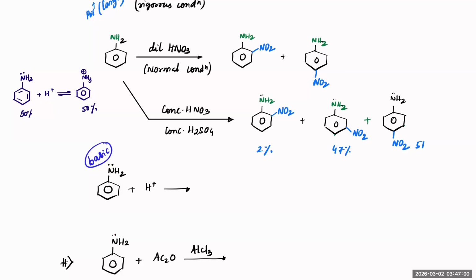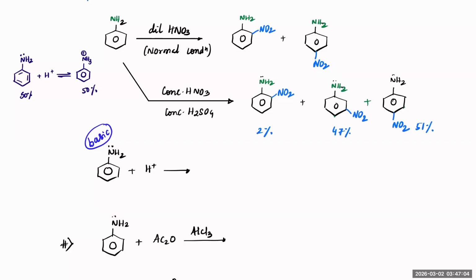Now, why is this happening? When it comes to nitration, we are forgetting the fact that we are adding an acid to a base, because aniline is a base with a lone pair on it. So what will it do? It will start showcasing its basic character by taking the proton.